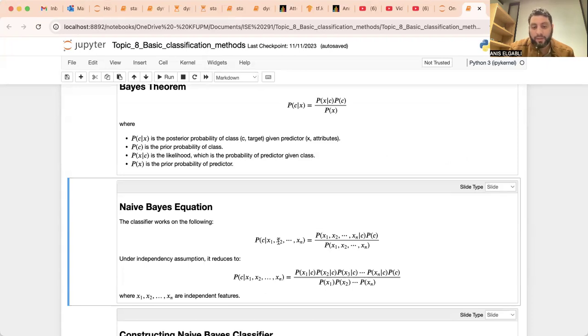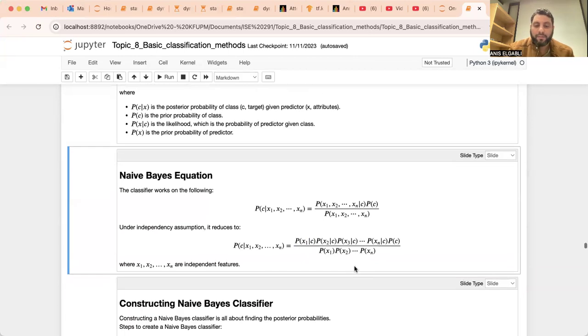Under the independency assumption, the joint probability will be the multiplication of the individual probabilities. That's why this reduces to this under that assumption, which, as I said, may not always hold. So in the denominator, we'll have probability of x1 times probability of x2 and so on. And here probability of x1 given C times probability of x2 given C and so on.